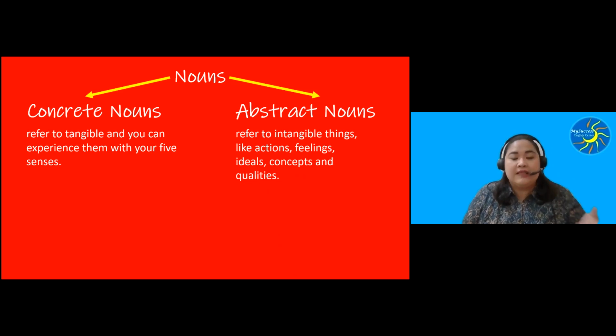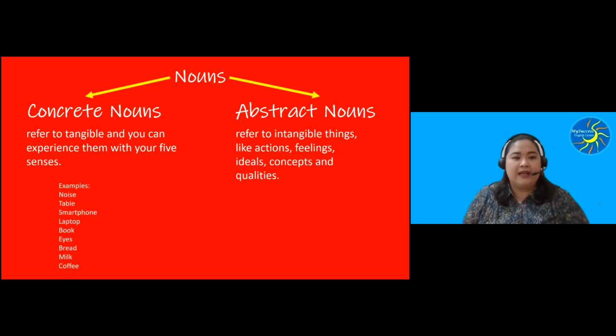So something that you cannot see, yeah. For example, beauty. You cannot see the beauty because for each person, beauty is subjective. Yeah. So for me, beauty is in this level, but maybe for other people, beauty is in that level. Okay, so concrete nouns and abstract nouns are different, but our focus for today is abstract nouns.